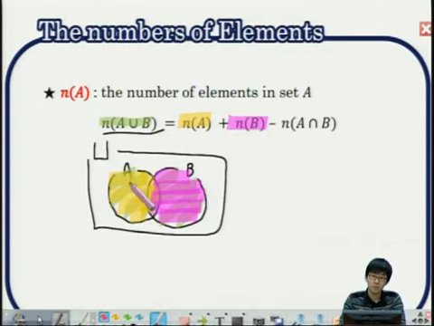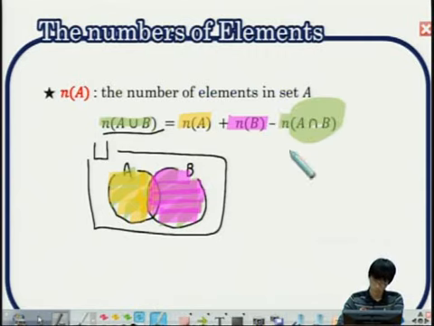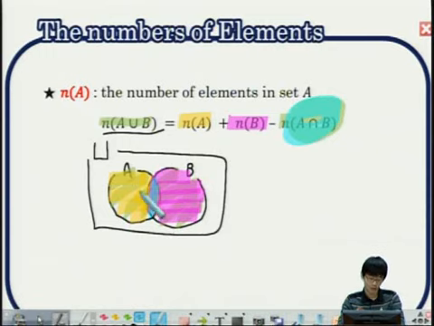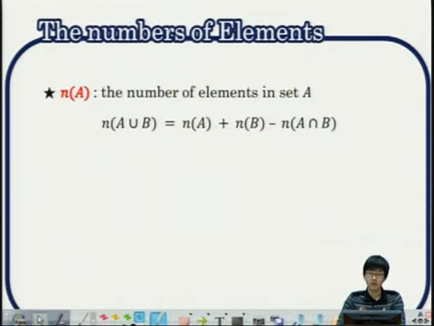So if we sum this A part, the yellow part, and this purple part, then we are summing this intersection part twice, right? Can you follow me here? Then we have to subtract it one time. So we are doing this with this new color, which means we subtract this one time. Then the number will be the same. So you have to memorize this.